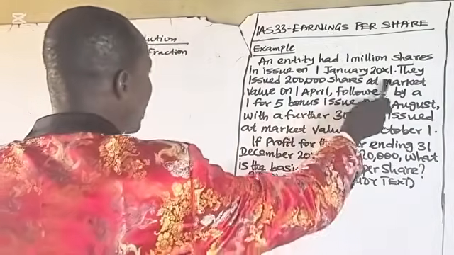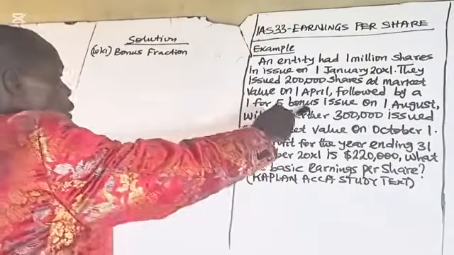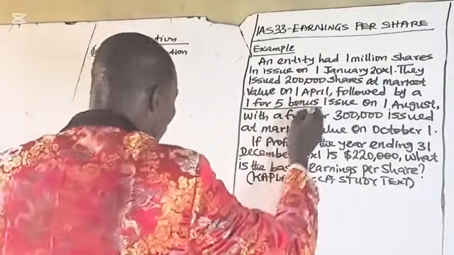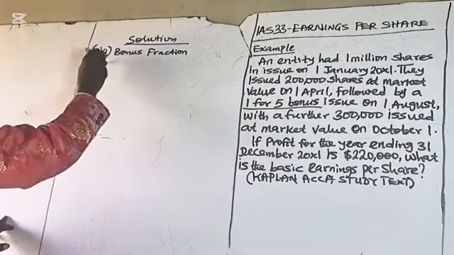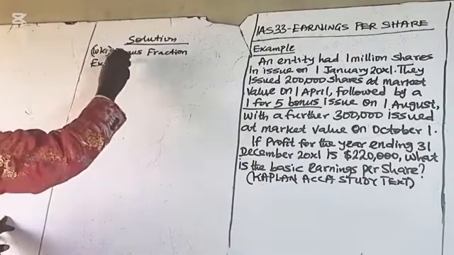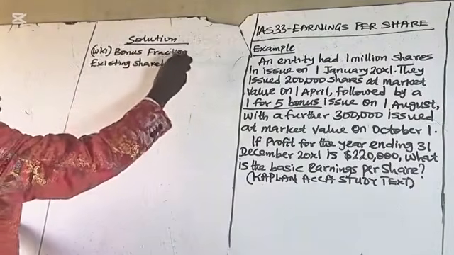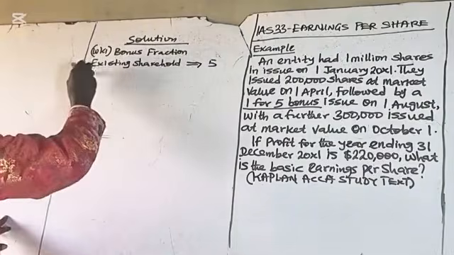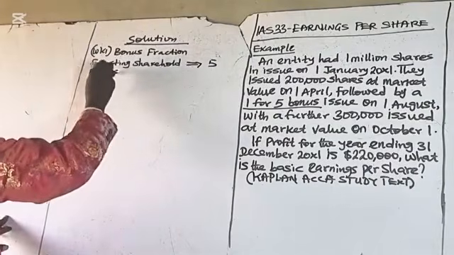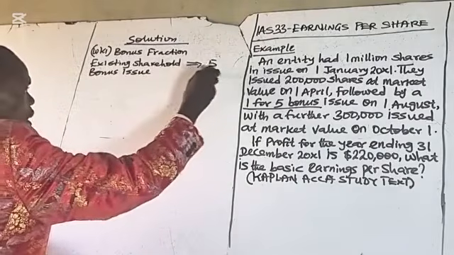They issued 200,000 shares at market value on 1st of April, followed by a 1-for-5 bonus issue. 1-for-5 tells you that the existing shareholding will be 5, the bonus issue will be an extra 1 share.